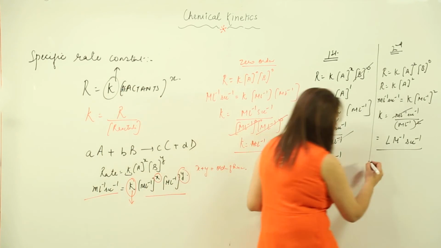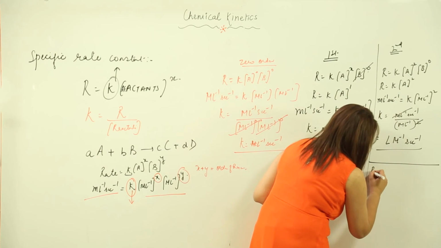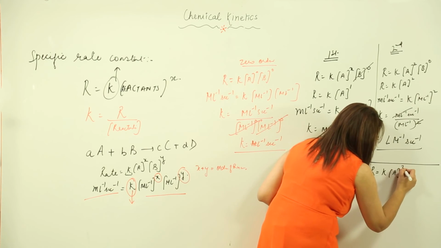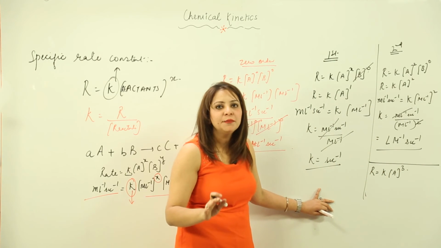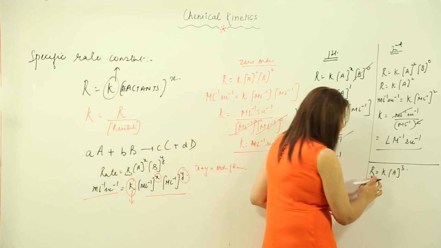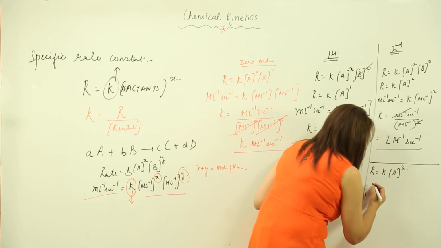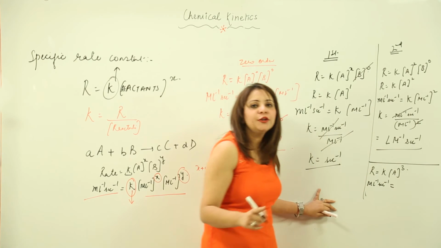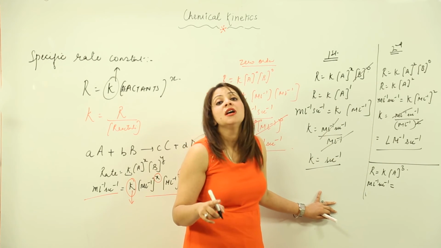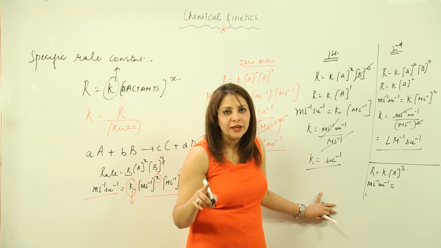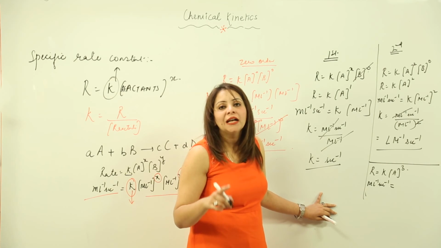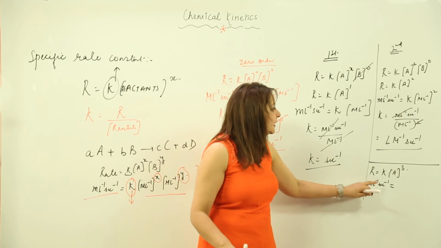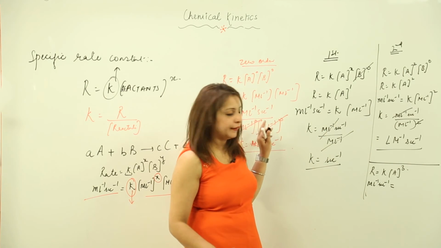And for third order, suppose I write straight away, neglecting B, taking B as 0. So R is equal to K A cubed. Again the rate is moles per liter per second. The rate is always going to be moles per liter per second, because it is the change in the concentration of a chemical species with respect to time, and concentration is always calculated in moles per liter. That is why it is always moles per liter per second.